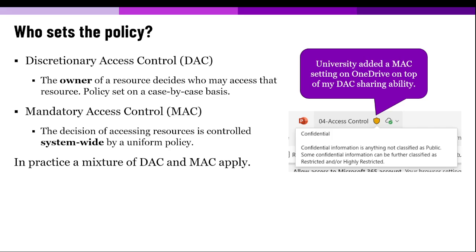The owner of the resource decides who can access that resource, what they can do, and they set a policy on a case-by-case basis. That means the policy on this file may be radically different from the policy on that file. How one gets access to this may be radically different than how one gets access to that. This is all handled discretionary, with each individual making this decision and the system administrator having very little overarching understanding.